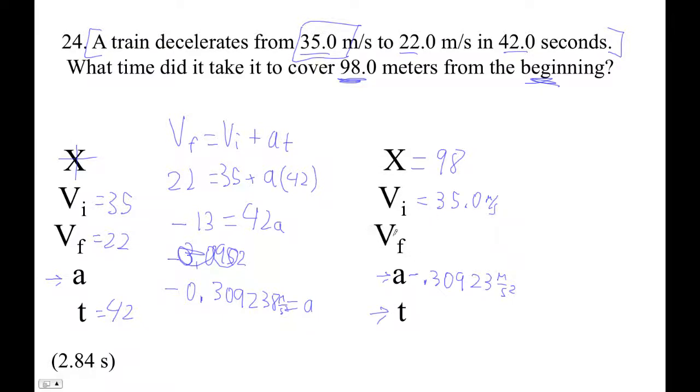Now, this one's especially cruel, because the equation you would normally use is x equals Vi t plus 1/2 At squared, where x is 98, Vi is 35 times t, plus 1/2 times the acceleration, negative 0.309.